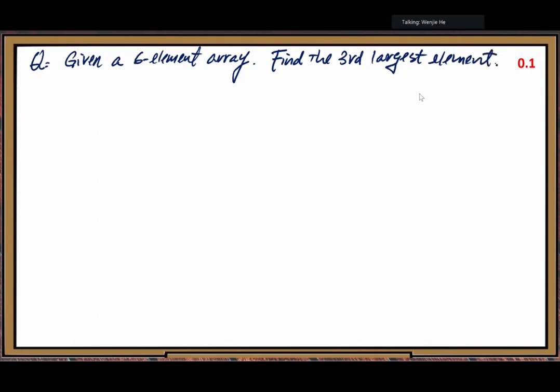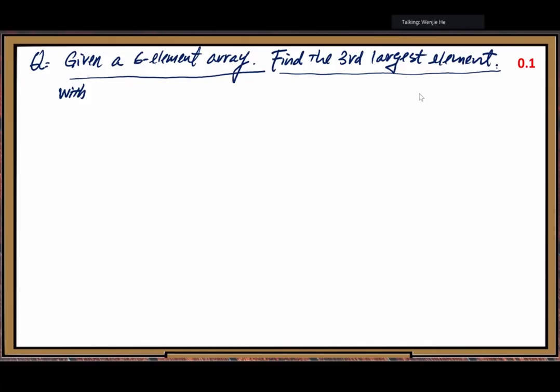That's a simple question. Oh, I need to give you a condition. A 6-element array with a condition. Although we can do it without the condition, you need to do a lot of work.